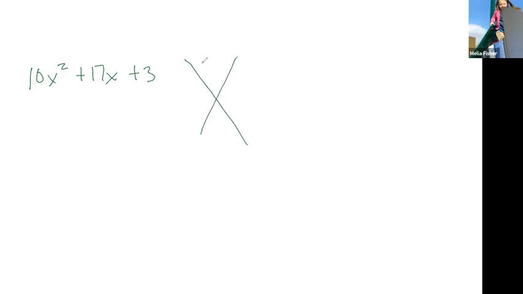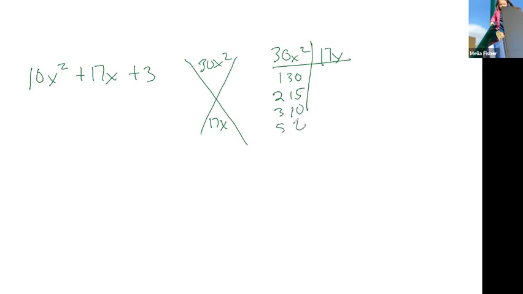So we're looking for factors of 30x squared to add to 17x. 1 and 30, 2 and 15, 3 and 10, 5 and 6. That adds to 17. So we're splitting it into 2x and 15x.